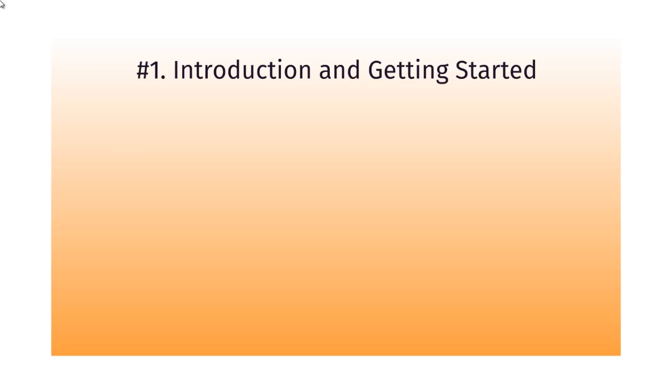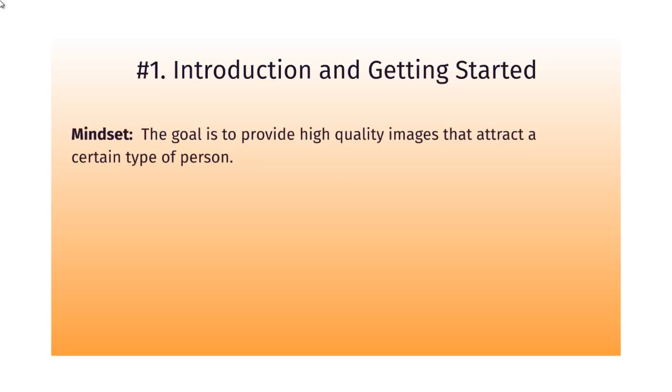Before we get started, I want to briefly go over a few things to make sure that we are on the same page. First things first, I want to start with mindset. The goal here is not to game the system at all, because Google Image Search is very different than other searches like YouTube and the regular SERPs.